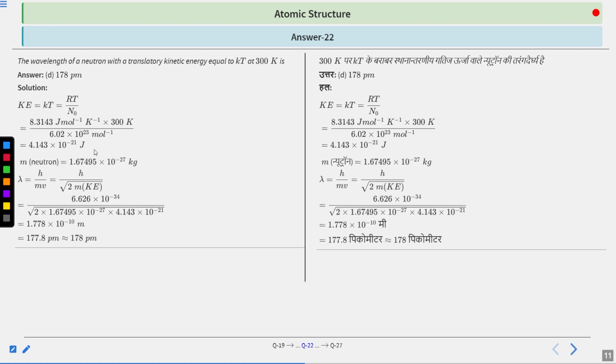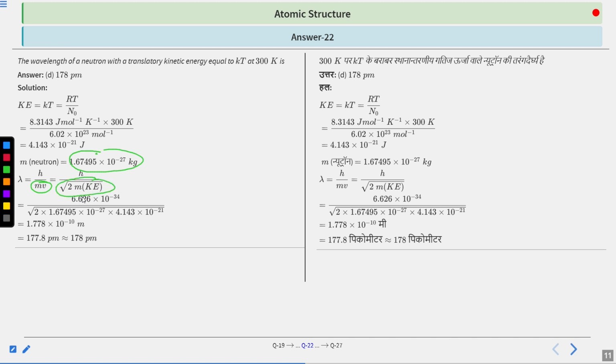Next, what is the mass of the neutron? It is 1.67495 into 10 to the power minus 27 kg. And from the de Broglie wavelength, we know that lambda is equal to h by mv. The kinetic energy formula is also half mv square, so in place of mv we can write root under 2m times kinetic energy.